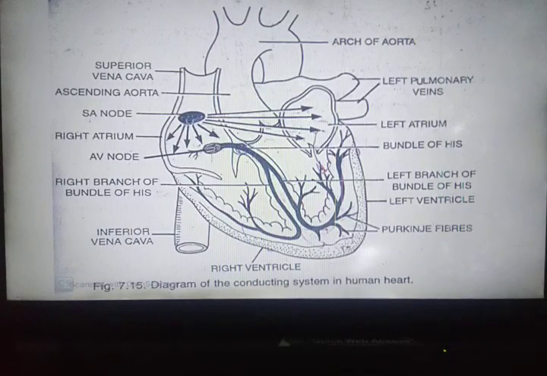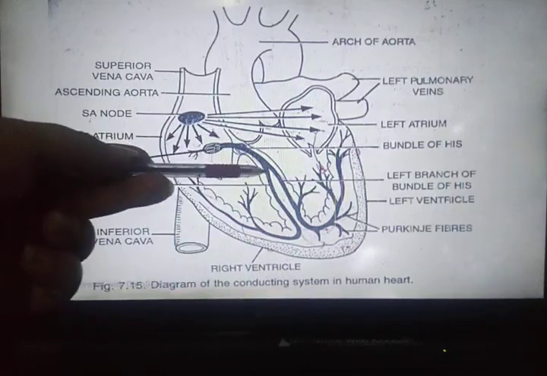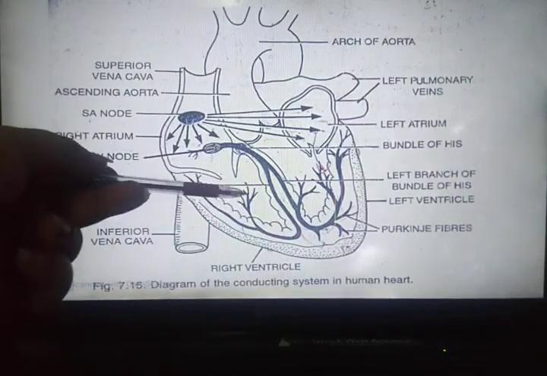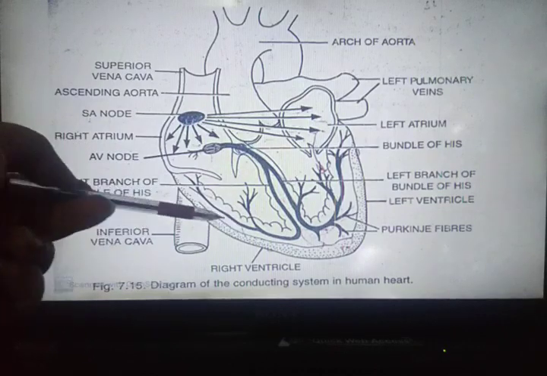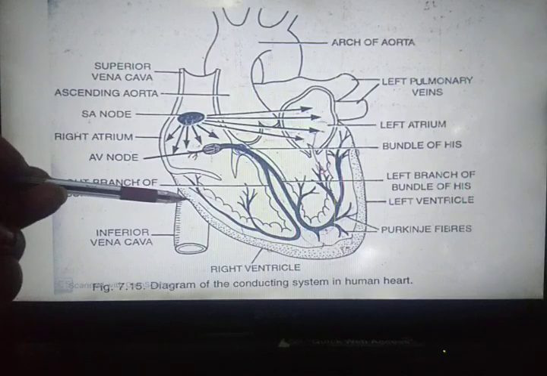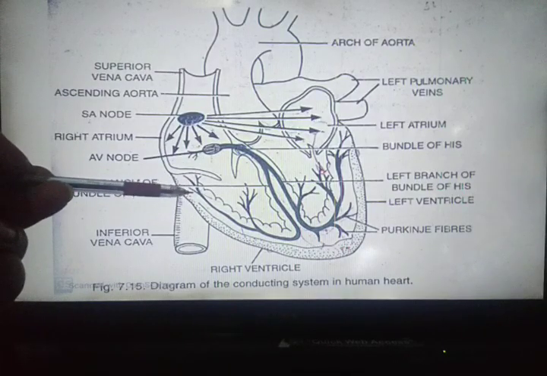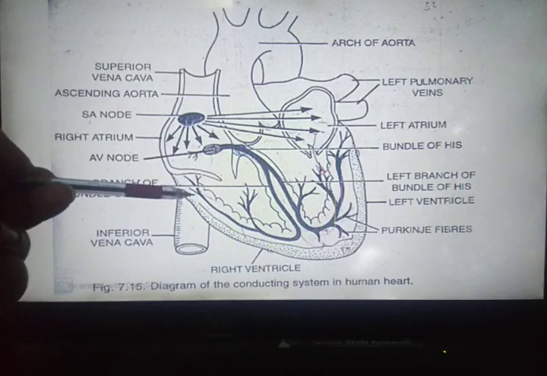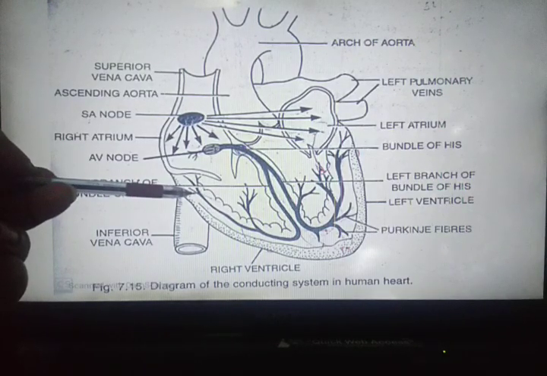Similarly, on the right side also, the right branch of bundle of His bifurcates or divides to give out fine thread like structures known as Purkinje's fiber. So these Purkinje's fiber enter into each and every muscle of their respective ventricle.